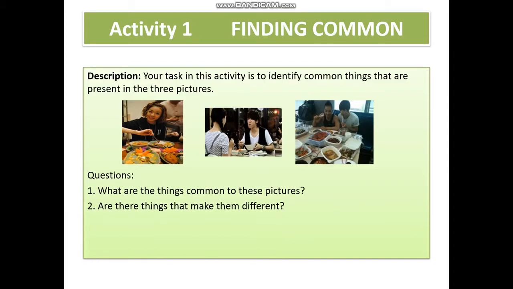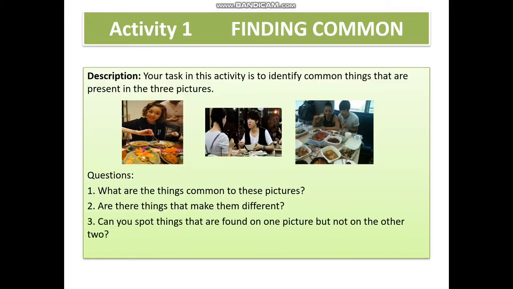For number 2, are there things that make them different? Okay, yes. So picture 1 is different from the other 2 pictures. For number 3, can you spot things that are found on one picture but not on the other 2? So what do you think? In picture 1, Sandara is only eating alone, while in the other 2 pictures, they are couples.